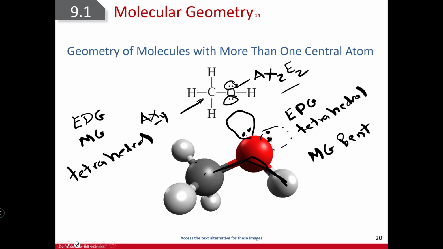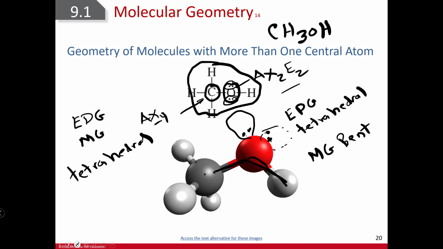All right? So let's talk about what you just did here. You took a molecule called methanol. You do the Lewis structure, and you realize, no, you got two centers. You got a carbon here and an oxygen here, and you have to evaluate both for their electron domain geometry and molecular geometry.